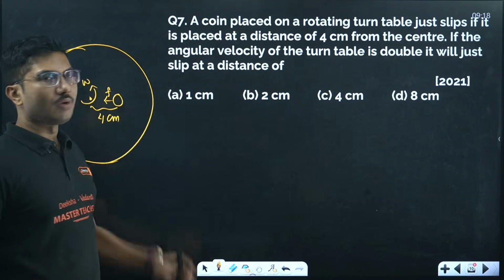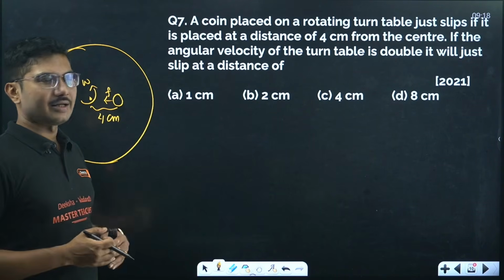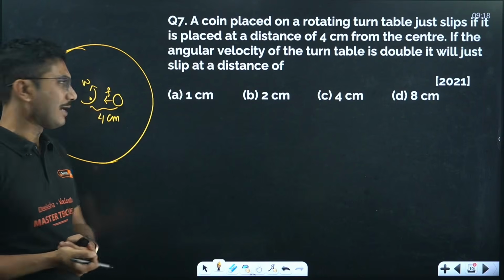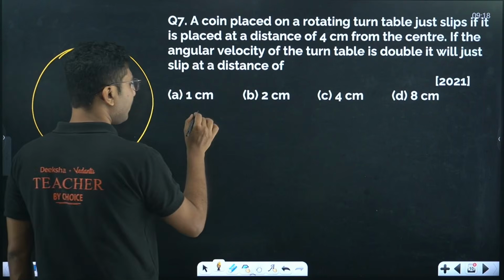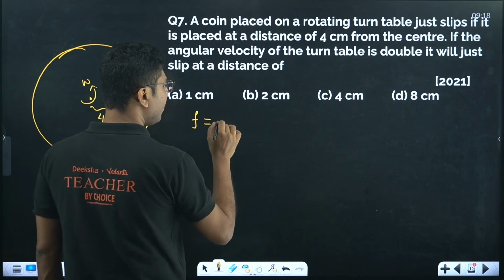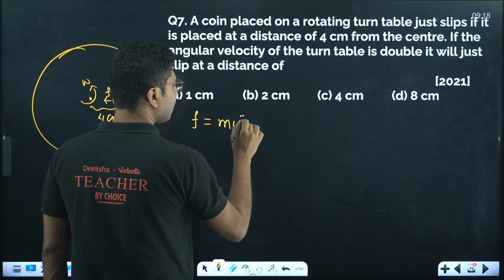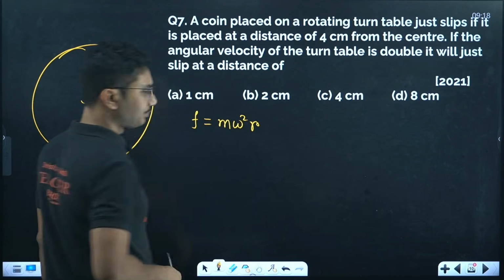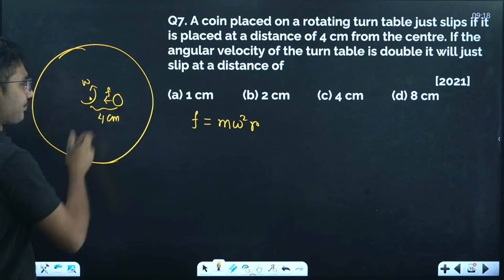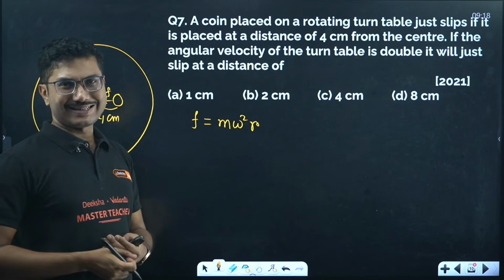It will tend to move away so that it can adjust the required centripetal force. So at this point centripetal force is exactly equal to the frictional force. So frictional force equals m omega square r, where r is 4 centimeter initially. This is the first case.